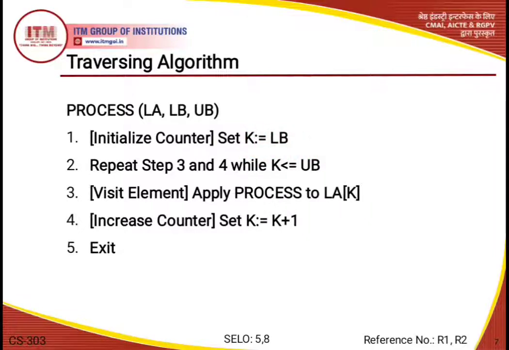After that, we need to apply a check so that we can easily traverse the whole given array. We apply this check in the form of k is less than or equal to UB, which means that when the value of k becomes greater than the upper bound, it automatically closes this step.